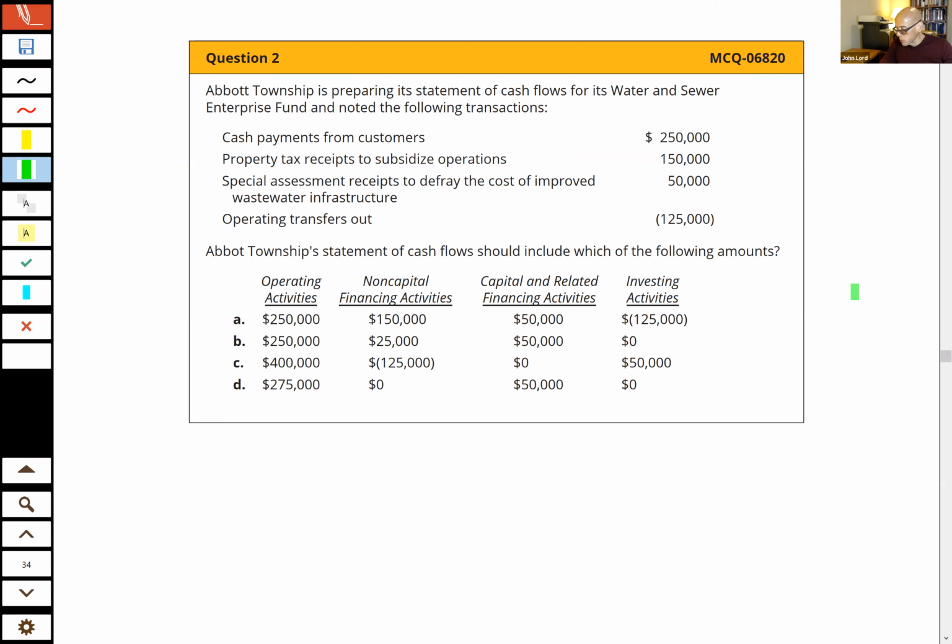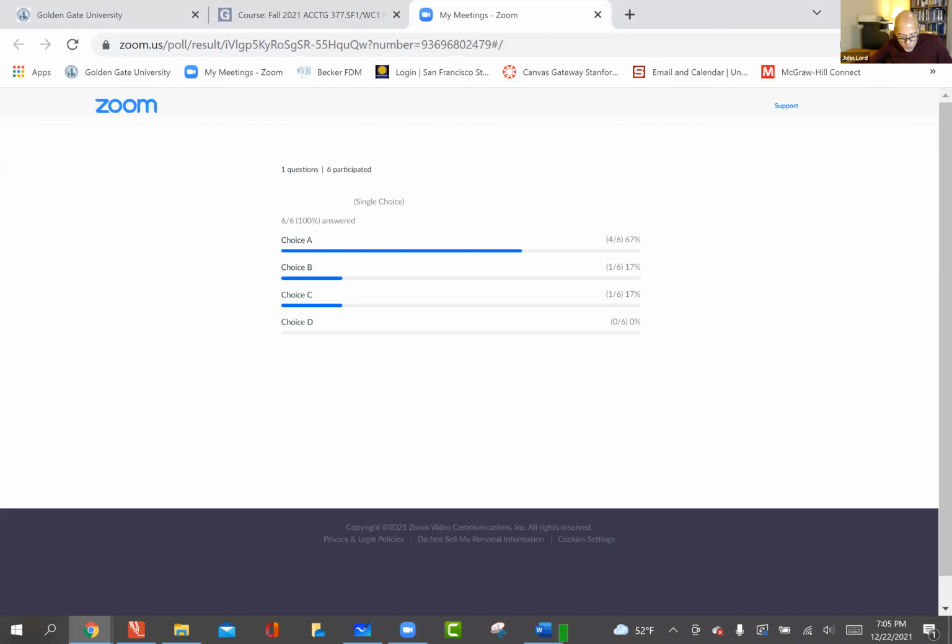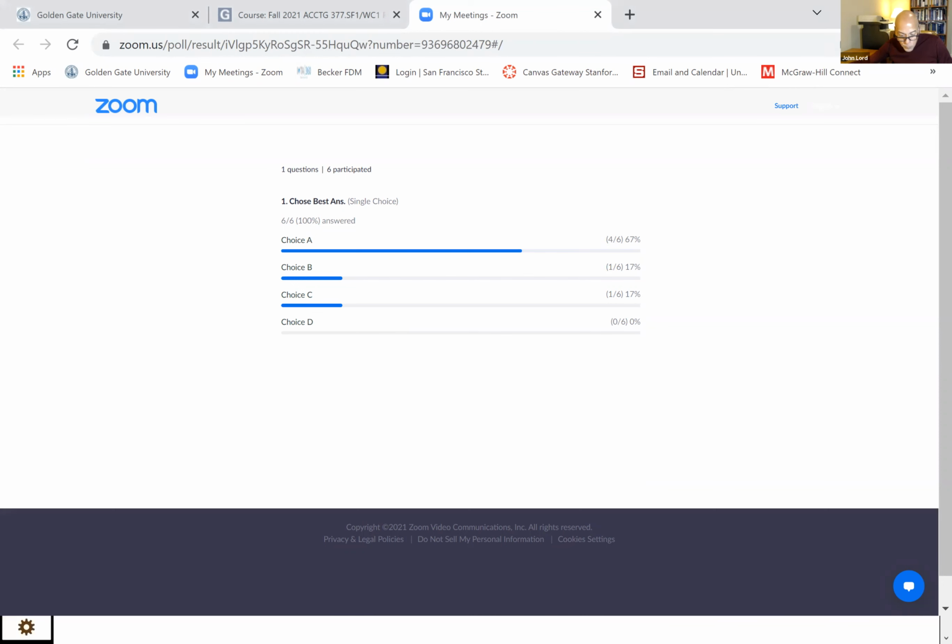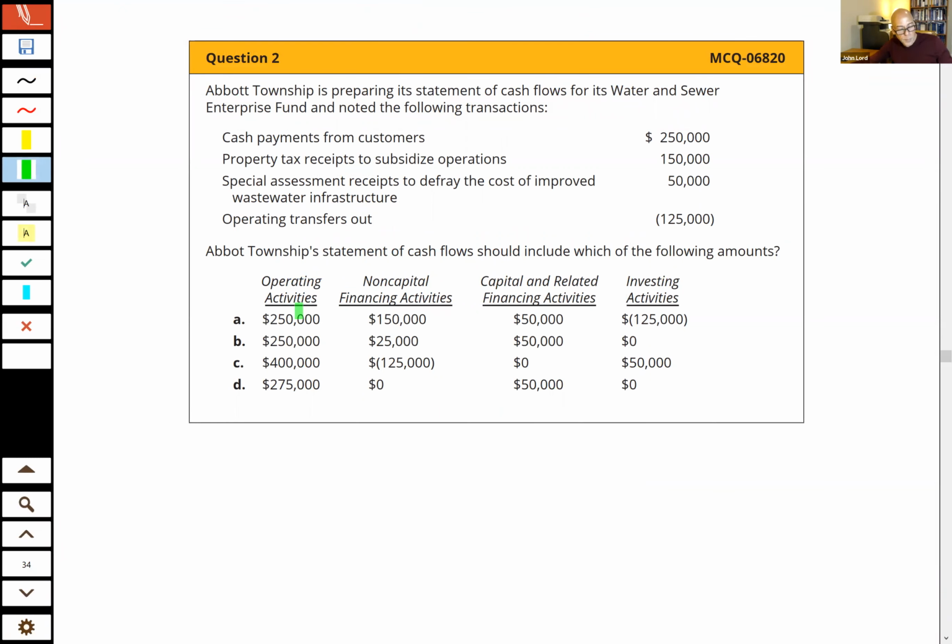So there's not going to be any more polls tonight because the poll stopped working. Yeah, can't make it work.